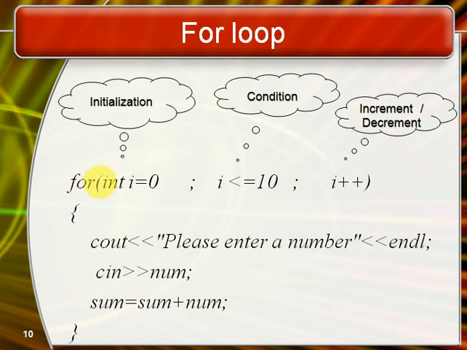It's the keyword for, the declaration of variable I, initialized with the value 0. It's the initialization step of the for loop. Then its terminating condition, that is I is less than or equal to 10. Then the increment of the loop control variable, and then from the opening curly bracket to the closing curly bracket, it's the body of the for loop.